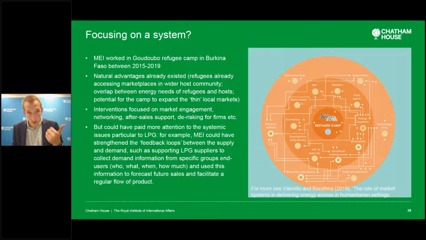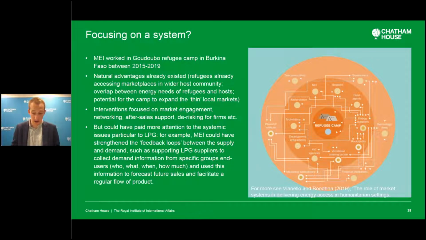One example is the work that Practical Action did in Goudoubo refugee camp in Burkina Faso between 2015 and 2019. The camp was located about 15 kilometers away from the nearest town, Dori, and a lot of the interventions there focused on identifying what already existed in Dori and how to promote and incentivize businesses to expand their operations into the camp location.